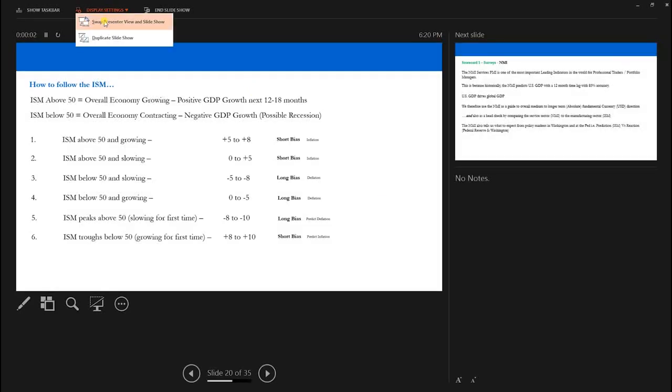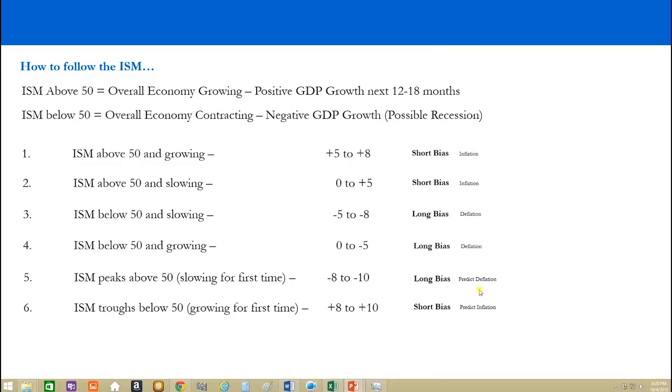Now, if we go back to the presentation and look at our analysis that covers both surveys, for the NMI we've got a situation where the number is pretty high historically, and it's growing at a rate above 50 and growing faster. So we're going to have to score this quite highly, in the +5 to +8 range.